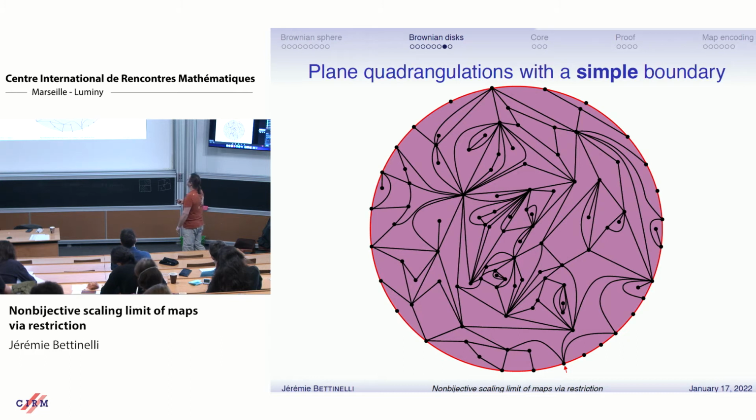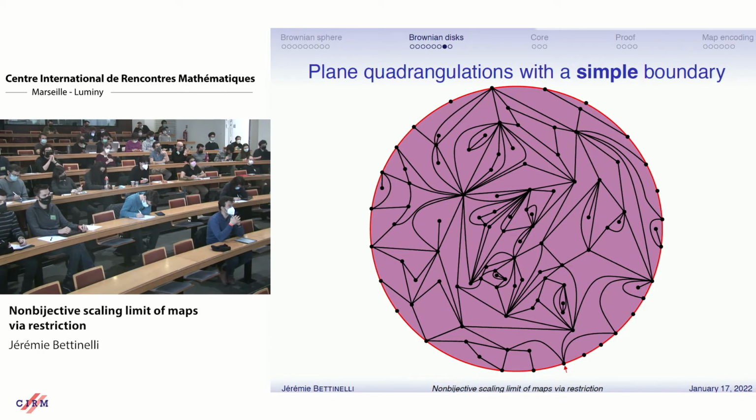So now the model is that you take a quadrangulation with a boundary as before, but now you ask that the boundary be simple. It means that when you go around the boundary, you see all the vertices only once.